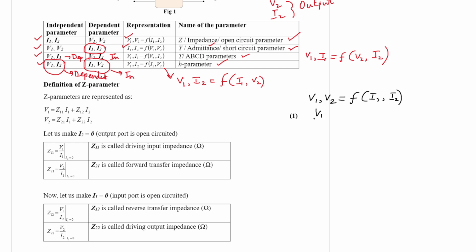If I represent V1, V2 in this fashion, multiplied by the current vector I1, I2, then this term is nothing but Z. Dimensionally, voltage is equal to something into current, so that something must have the dimension of ohm.